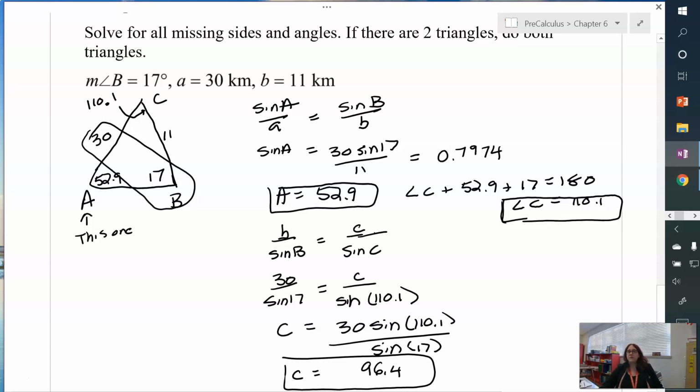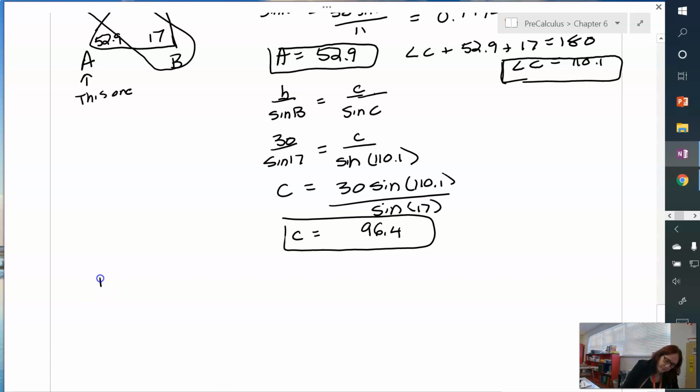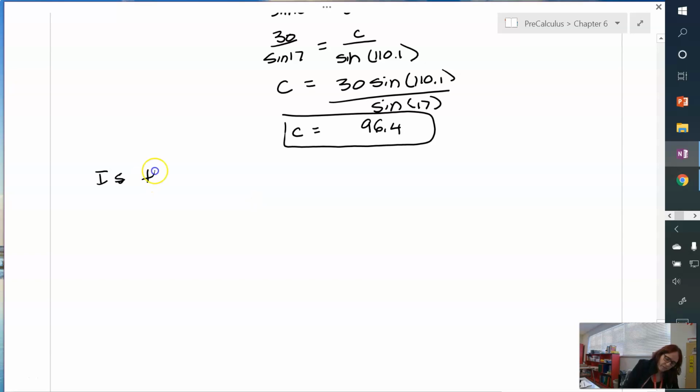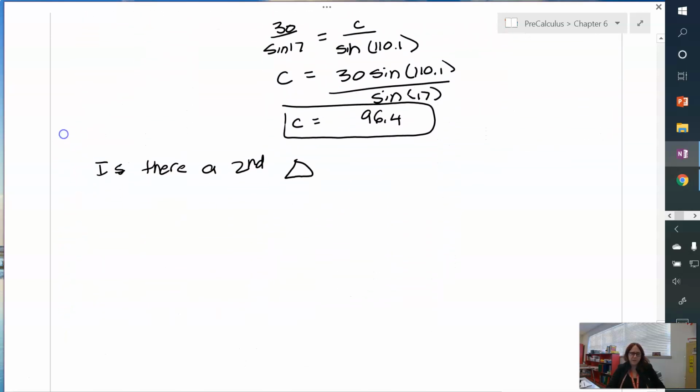I still haven't answered, is there a second triangle? So let's do that one. And the way I do that is I'm going to take the angle that I calculated for angle A, 52.9. Let's find the supplement of it. So 180 minus 52.9 equals, I get 127.1.